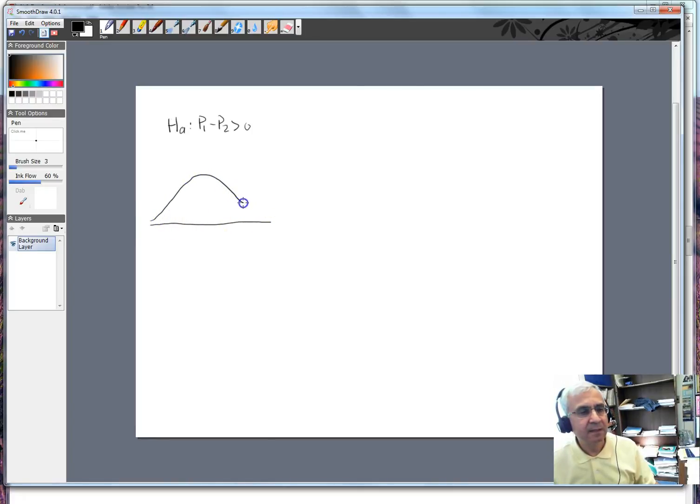My central limit theorem tells me this is going to be a Z, and this is my Z alpha. So alpha is this area here, and this is my rejection region, and this is my non-rejection region. And so my Z, the test statistic, if it's up there, I would reject. If it's down here, I would not reject.